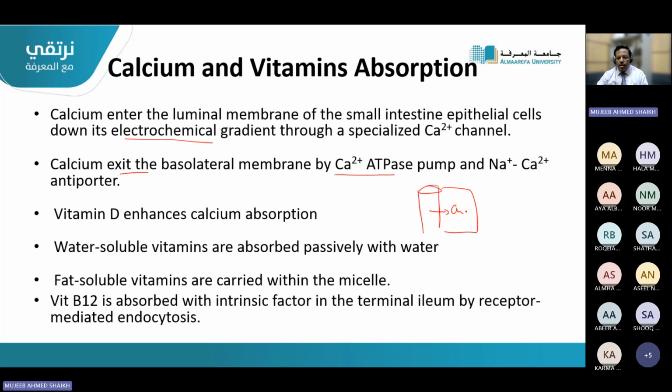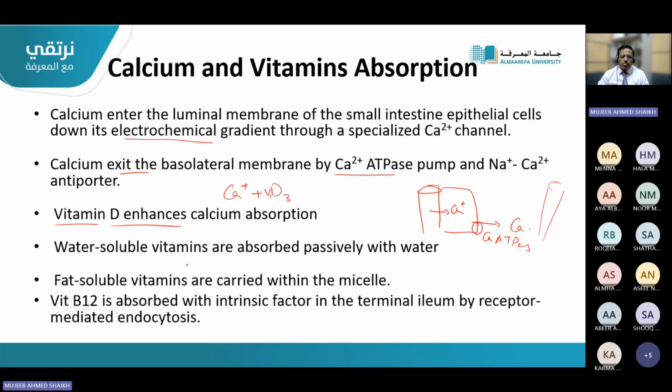Calcium will move in, then move out by the calcium ATPase pump, and go to the blood. Its absorption is enhanced by vitamin D. So calcium is preferably given in combination with vitamin D3 so that its absorption will be increased.